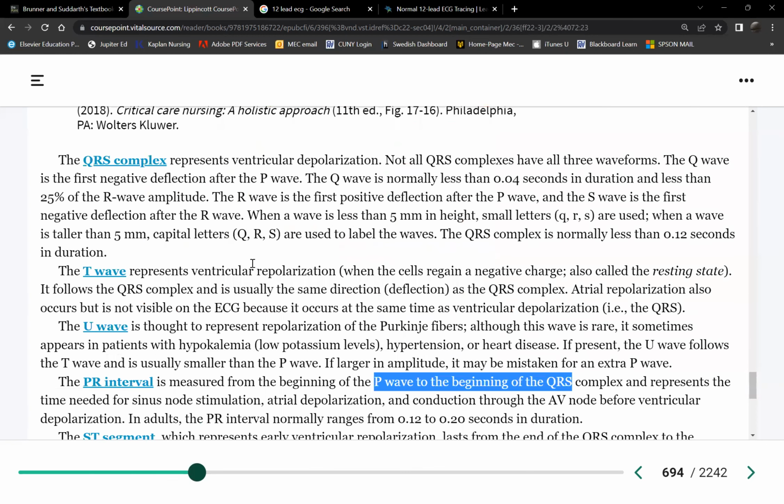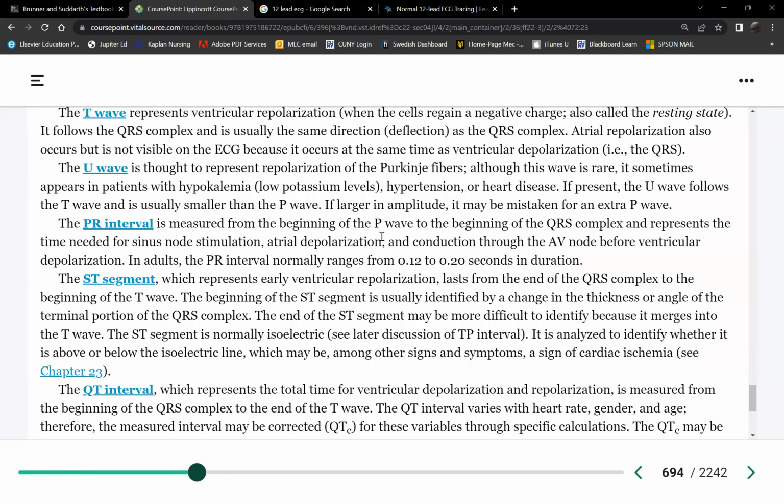So what does the PR interval represent? It includes the P wave, the time that it takes for the atria to contract, and then it's measured up to the time that it reaches the AV node.